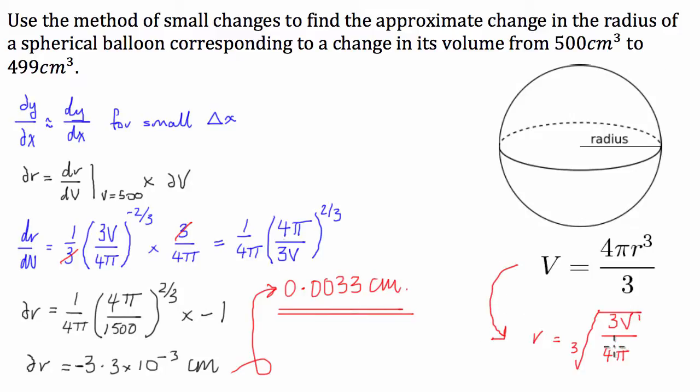Once you've done that, the change in radius is equal to the derivative of radius with respect to volume evaluated at our original point, where volume is 500. Then we multiply that by the small change in volume that we've been given, which is -1, and we come out with an approximation for our change in radius.